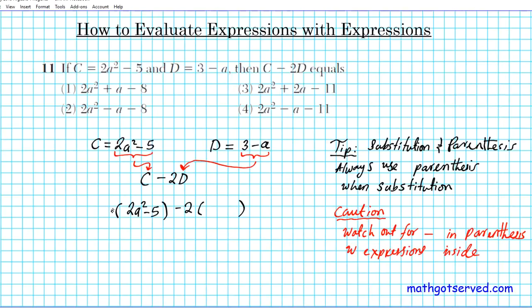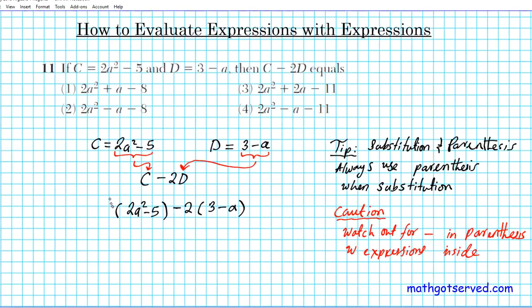This parenthesis doesn't have any minus in front of it, so this caution that I indicated here doesn't apply. For d, though, we're going to substitute 3 minus a. But notice we have a minus in front of this parenthesis, so you always want to watch out for those because you want to make sure that that sign is distributed.